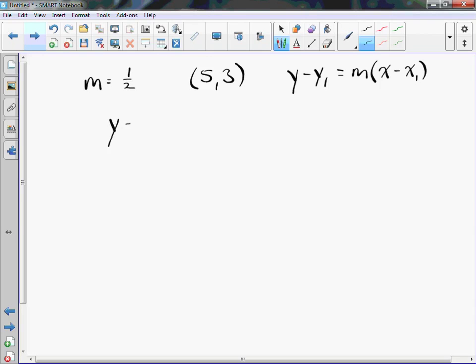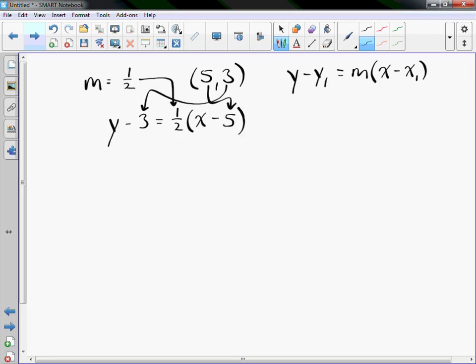So minus 3, there's y1, equals the slope 1/2, x, we don't know x, but we know x1 is 5. We've got everything plugged in, now we just need to simplify.